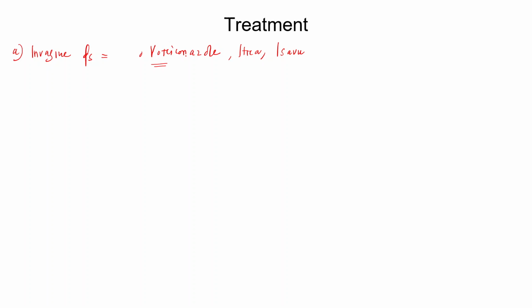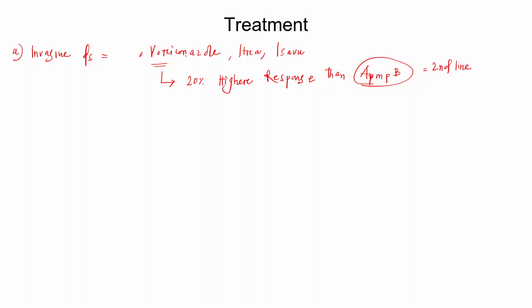Using voriconazole has shown 20% higher response than amphotericin B. Now remember, amphotericin B is a second line agent for invasive aspergillosis.